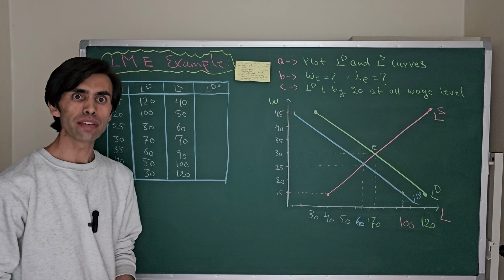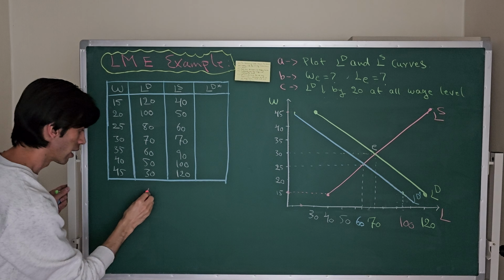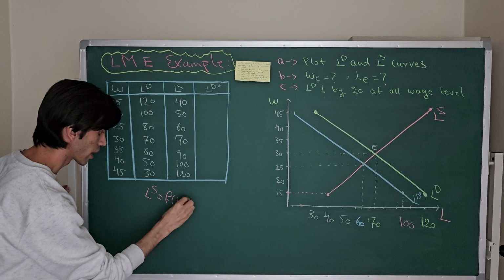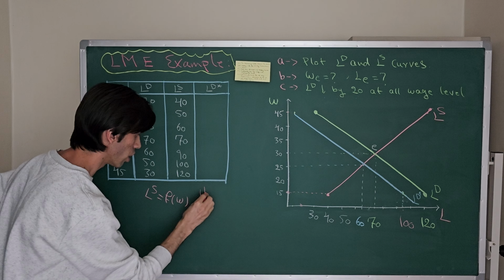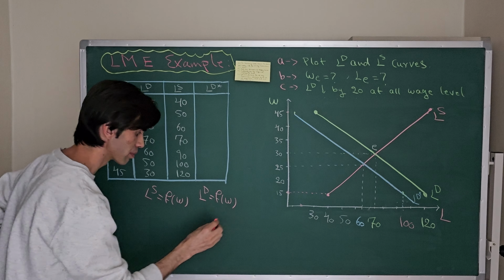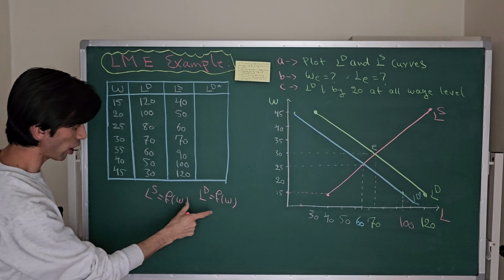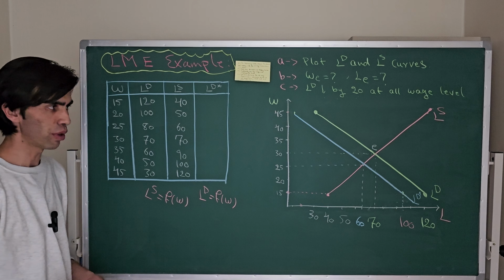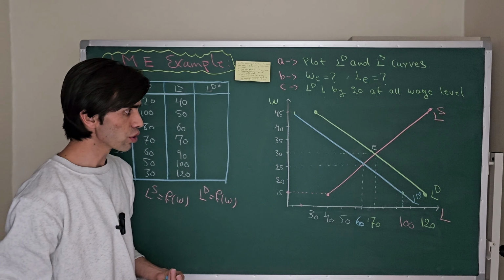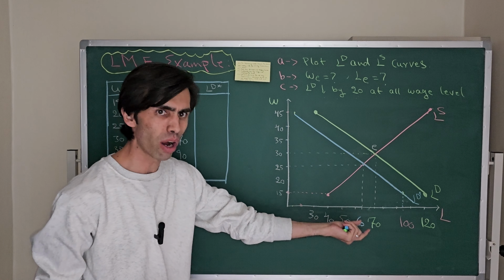We know from the previous videos that in labor economics, labor supply is a function of wage, and labor demand is also a function of wage. So we have to pair each wage level with labor supply, and wage level with labor demand, in order to draw the curve. To draw the curve easily, we just need two extreme points.